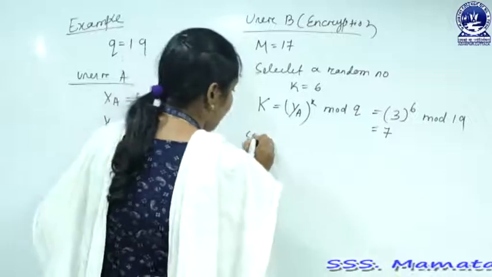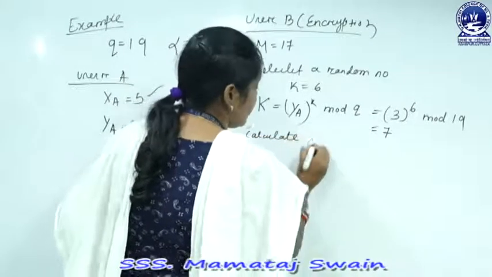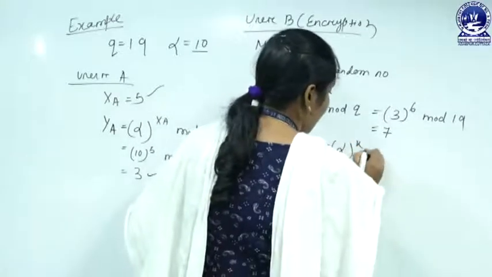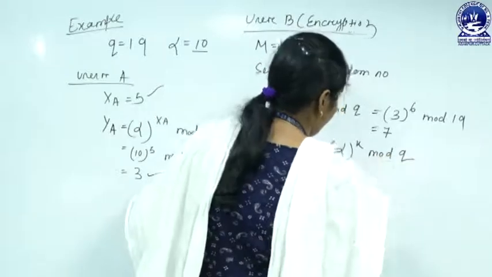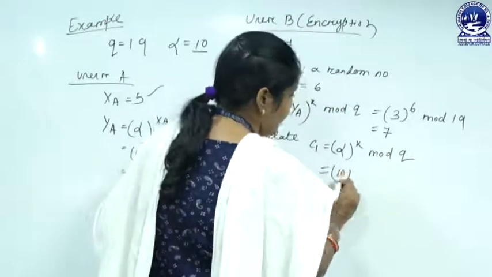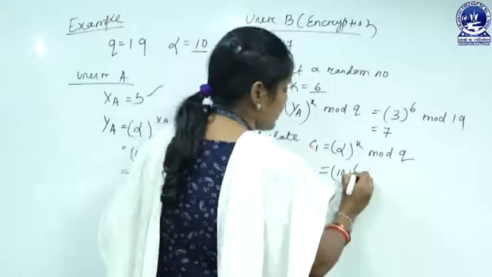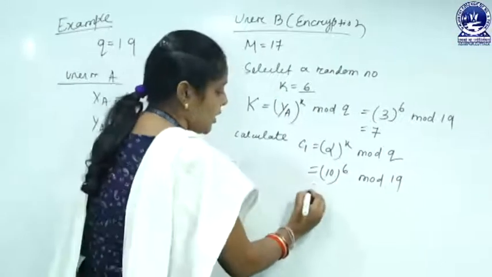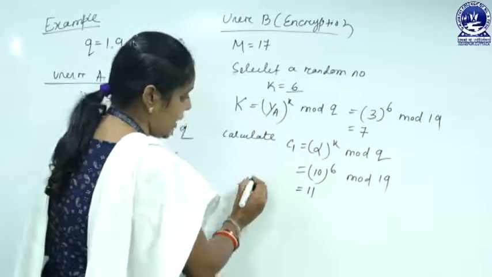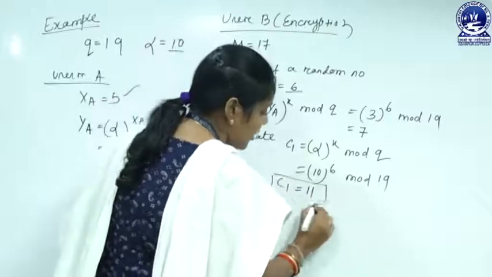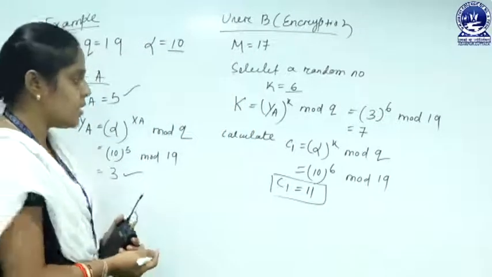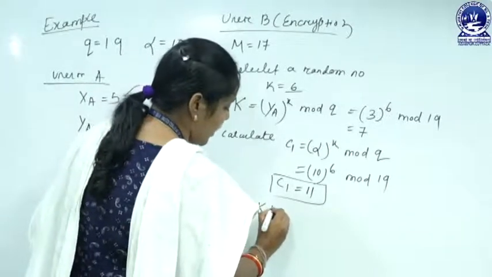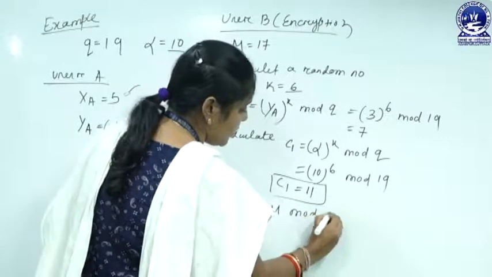After that it calculates C1 which is equal to alpha to the power k mod q. Here the value of alpha is 10 to the power k, meaning 6, then mod 19. Here the result is 11. That means our C1 value is 11. After calculating C1, it calculates C2 which is equal to K into M mod q.